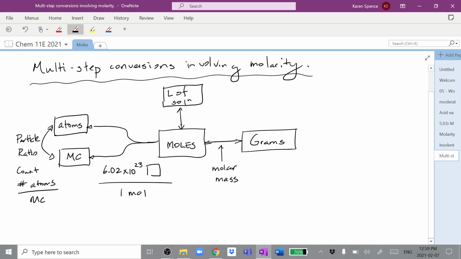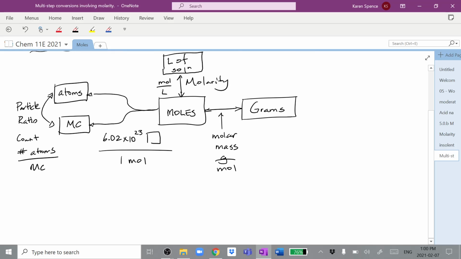That's right, we're going to use the molarity, which is the moles per liter. Oh, and molar mass is, of course, the grams per mole. So this is where we're at now.